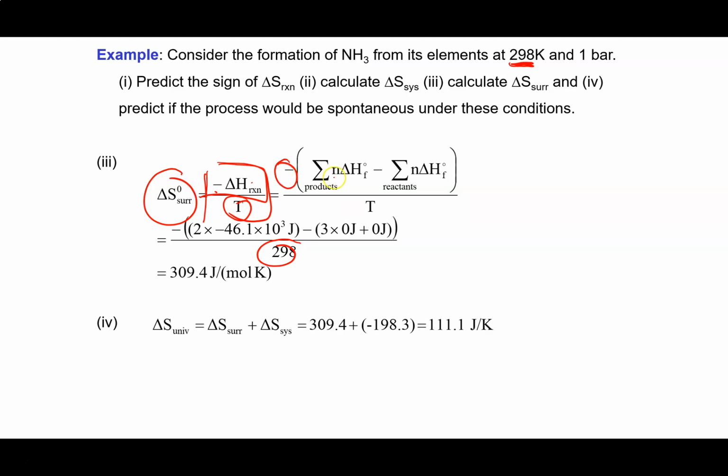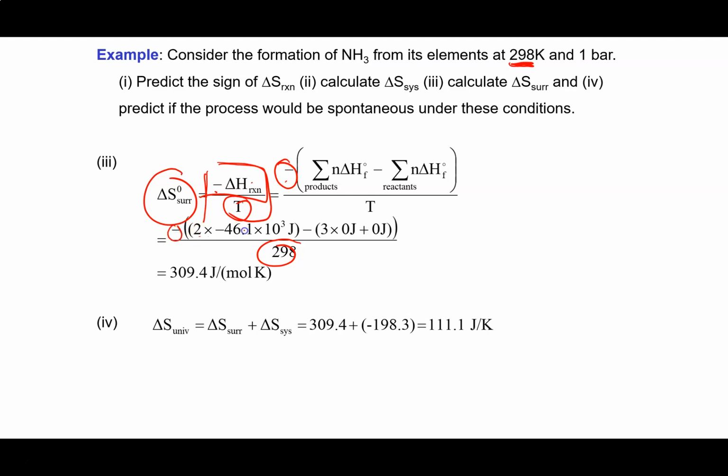So I need to sum together the enthalpies of formation of our products, which was our ammonia, and then subtract from that the sum of the enthalpies of formation of our reactants, which was our hydrogen and our nitrogen. So don't forget the minus sign. There it is right out the front there.